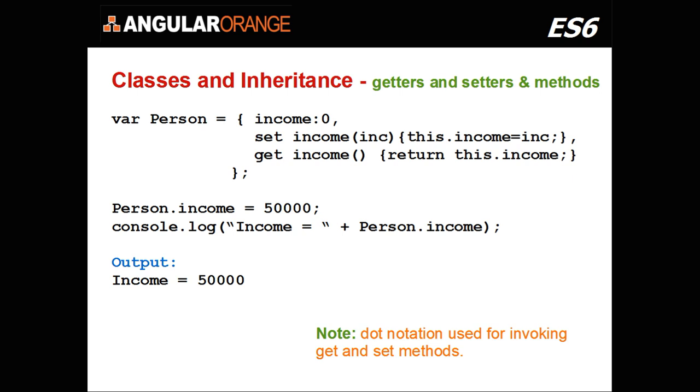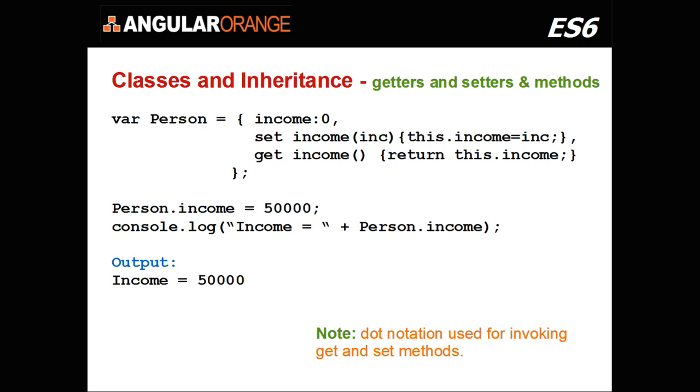Okay, so here's a little blurb about getters and setters in classes and inheritance. Let's suppose you have a var person, you have an object, and its income is 0, and you have a set income which defines this.income equal to income, and you have a get income which just returns this.income.